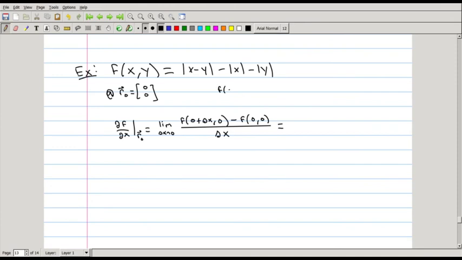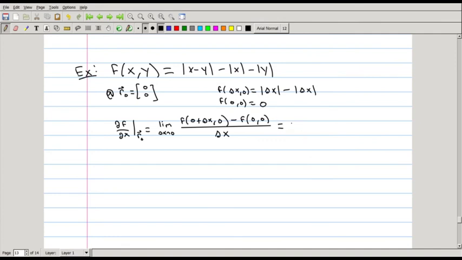So f of delta x comma 0: we plug delta x in for x and 0 in for y, which gives the absolute value of delta x minus the absolute value of delta x, and f of 0 comma 0 is just equal to 0.